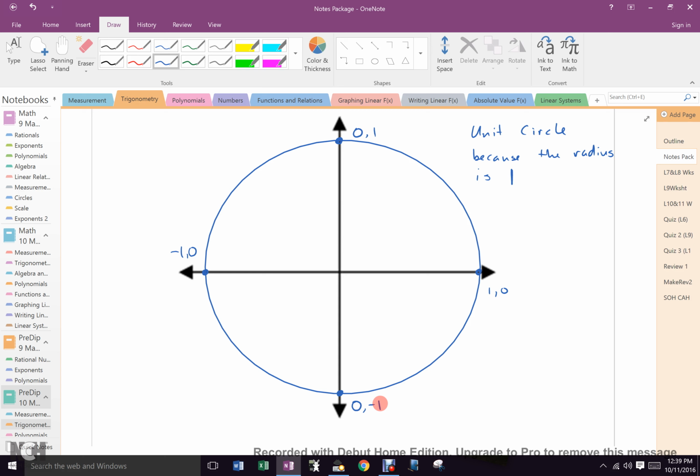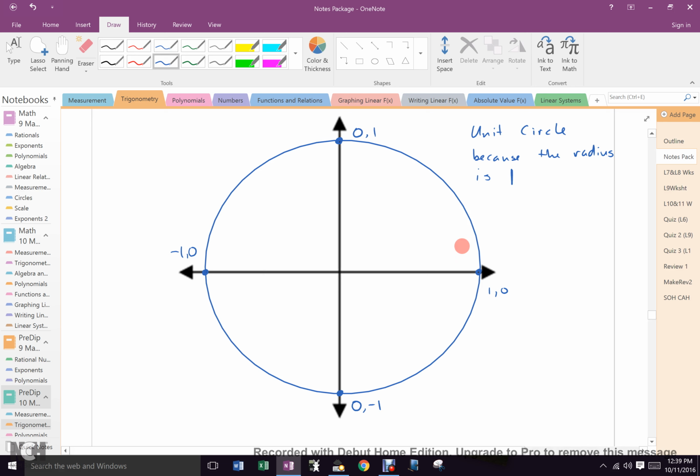Even though the numbers aren't 3, 4, 5, the ratios are 3, 4, 5. Everyone is good? So in this case, with the unit circle, that's kind of the basis. Like the 3, 4, 5 triangle is the basis of Pythagoras. The unit circle is the basis of what we're going to do here.